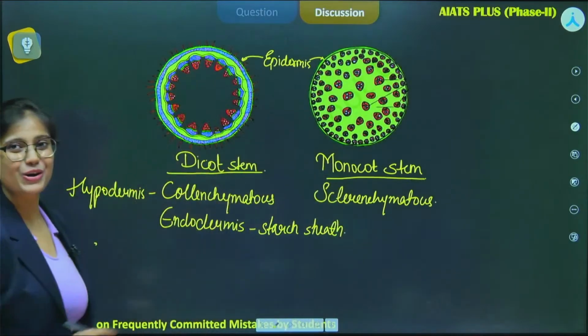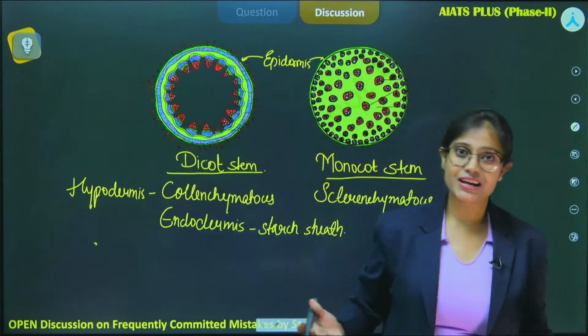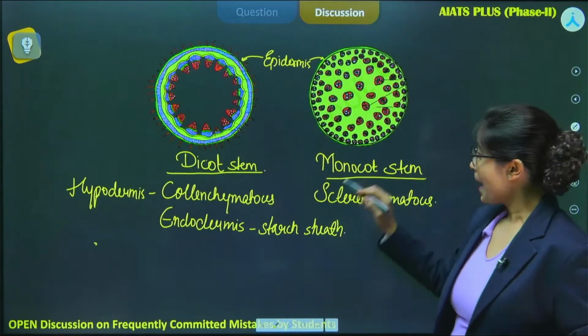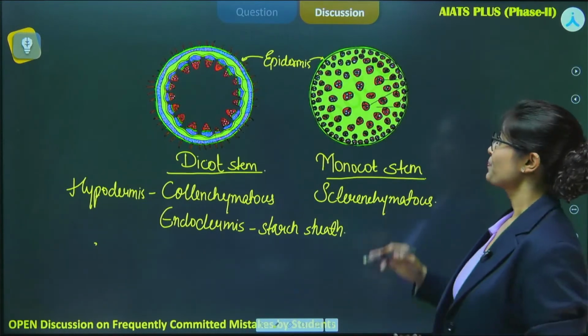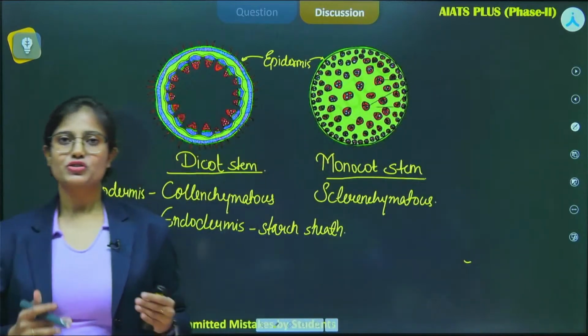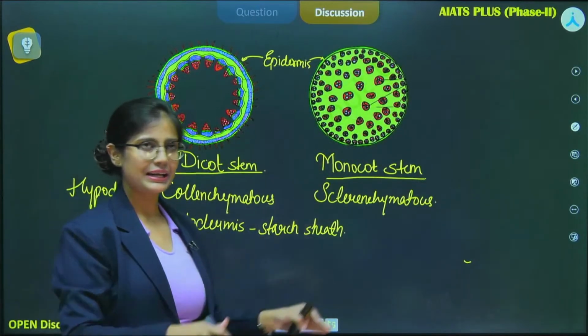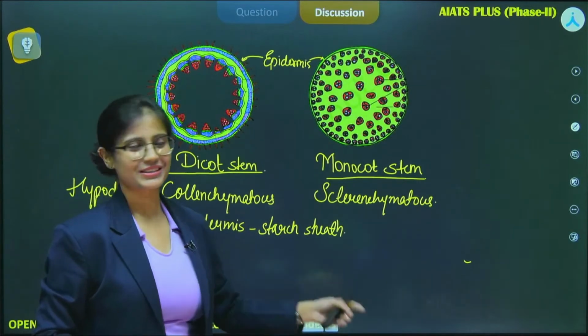So it is very important to remember which structure of dicot stem is also known as starch sheath, right? But if we talk about the monocot stem, endodermis is not present. In the monocot stem, I would like to tell you that cortex is not differentiated into further different layers. So endodermis is absent, pericycle is absent, pith is also absent.